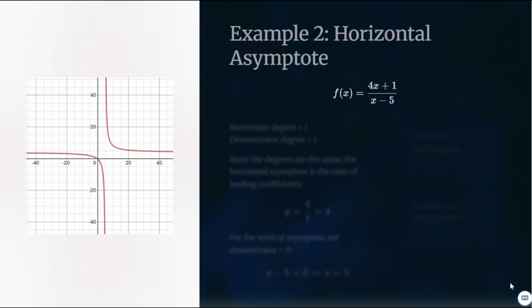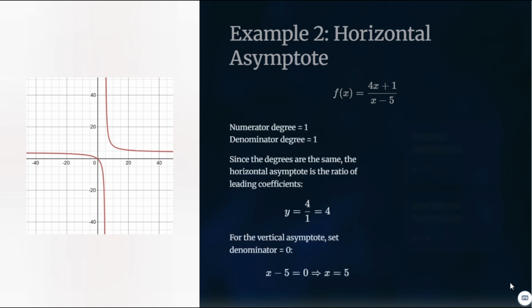F of x is equal to 4x plus 1 over x minus 5. In order to find horizontal asymptotes, we must compare the degree of the numerator to the degree of the denominator. In this case, the numerator is a function of degree 1, that is 4x plus 1, and the denominator is also a function of degree 1.